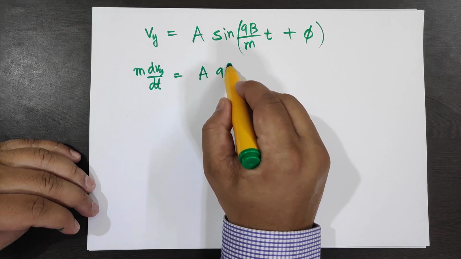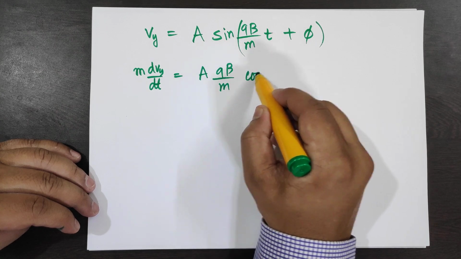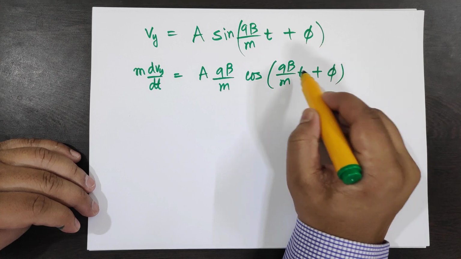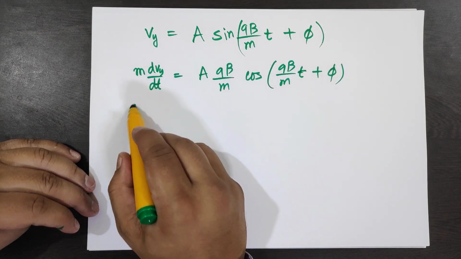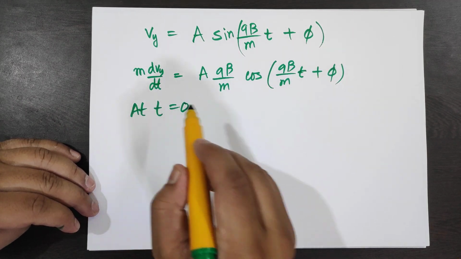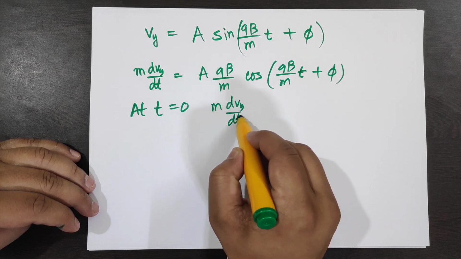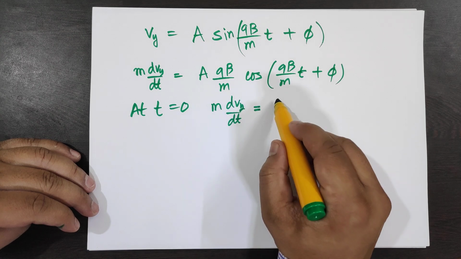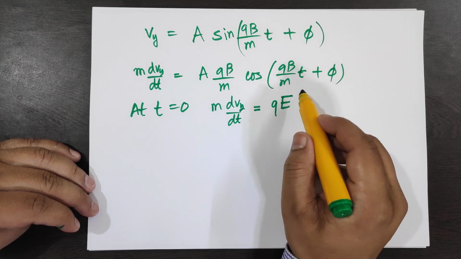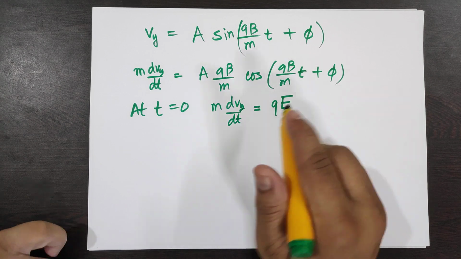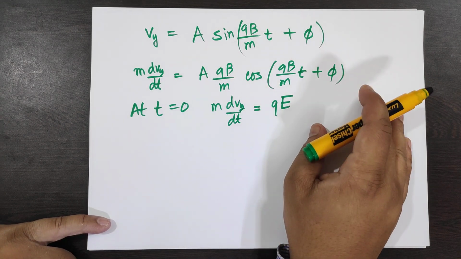A qB/m cosine(qB/m t plus phi). So at time t equal to 0, m dVy/dt is equal to the electric force only, because at the start, at time t equal to 0, velocity was 0.